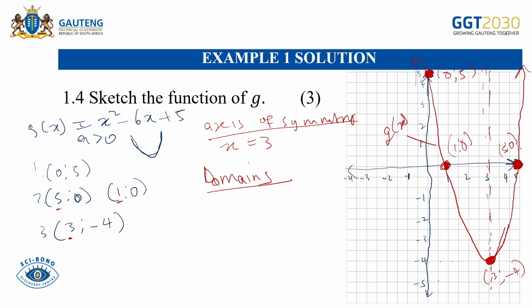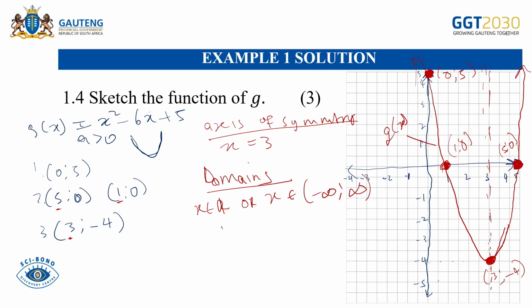Even this side is going to cover all the positive values of x. So you'll say x is an element of the real numbers. Or you can say x is an element of negative infinity to positive infinity, because your graph is going to cover all the positive values and all the negative values of x.